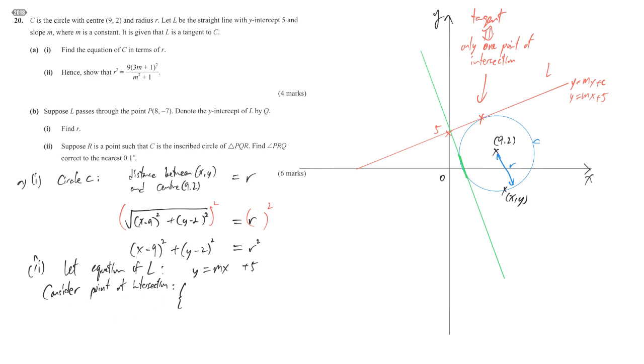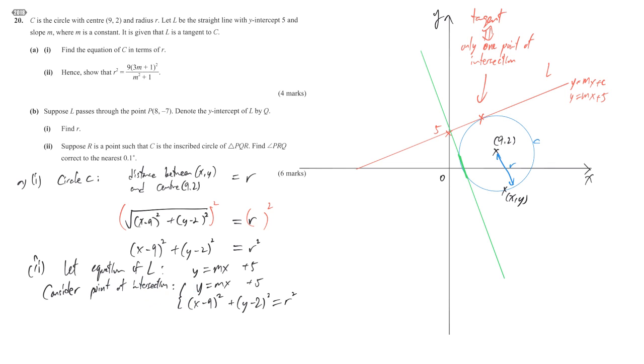When we talk about the point of intersection, that means it fulfills the straight line requirement, and at the same time fulfills the circle requirement. So it fulfills the straight line y equal to mx plus 5. At the same time, it fulfills (x minus 9) squared plus (y minus 2) squared equal to R squared.